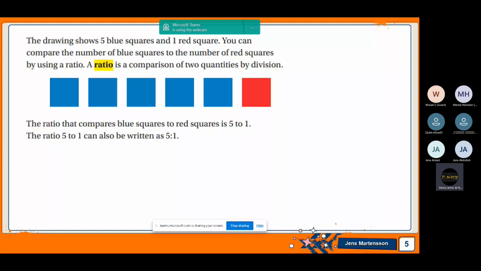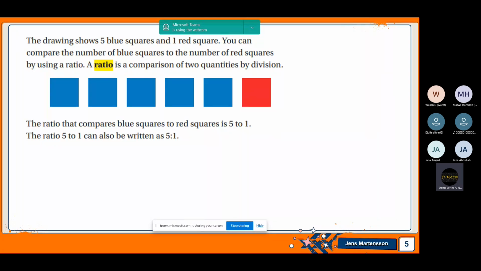Now the whole to part. If I ask you the ratio of the whole to red, how many are there in all? 1, 2, 3, 4, 5, 6. How many are red? 1. So you will say 6 to 1. This is what I mean by whole to red.